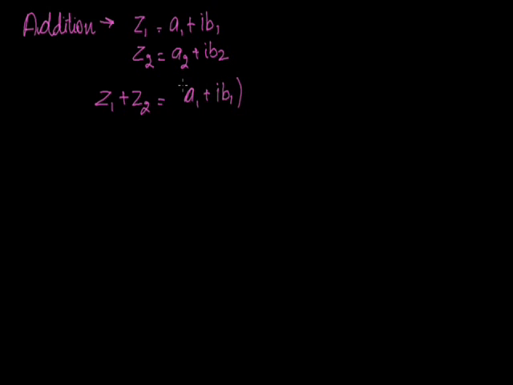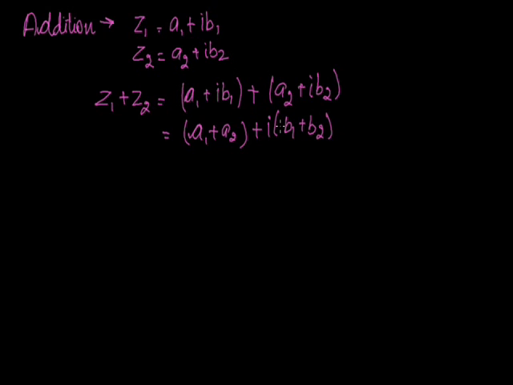See, if there are two complex numbers, z1 that is a1 plus iota b1, and z2 is equal to a2 plus iota b2, then z1 plus z2 will be equal to a1 plus iota b1 plus a2 plus iota b2. So the real part is added to the real part, a1 is added to a2, and the imaginary part is always added to the imaginary part of the second complex number.